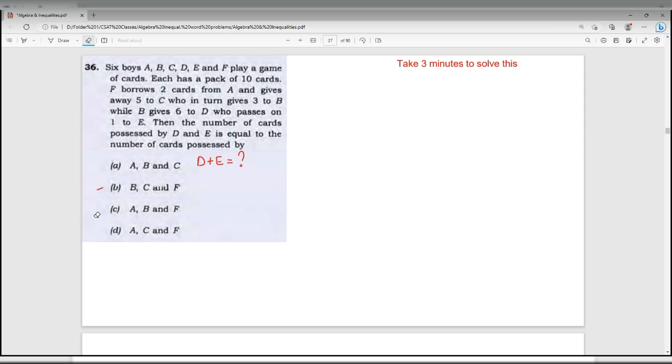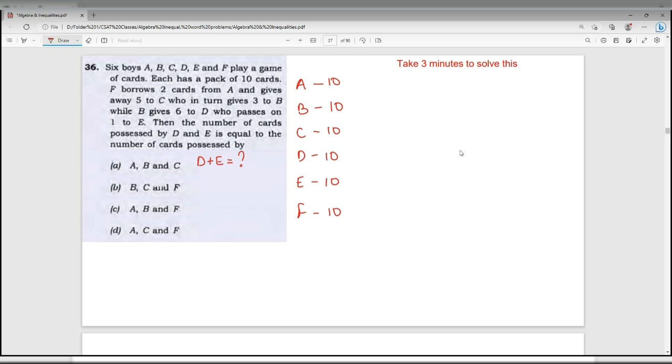So let's see how to go about this question. We just need to organize the data properly, and things should be sorted out. We have 6 boys, A, B, C, D, E, and F, and they have 10 cards each. Now I will go step by step.